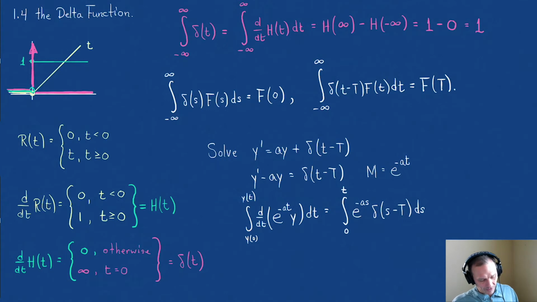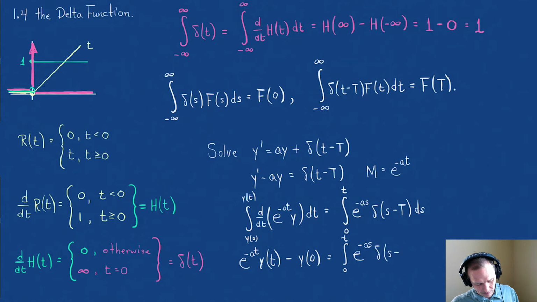Okay, on the left-hand side, this becomes e to the minus at y of t minus y of 0. Now on the right-hand side, this is where this problem is, I'm going to leave it here. We're going to work on that on our next page. Integral of e to the minus as delta of s minus T ds.